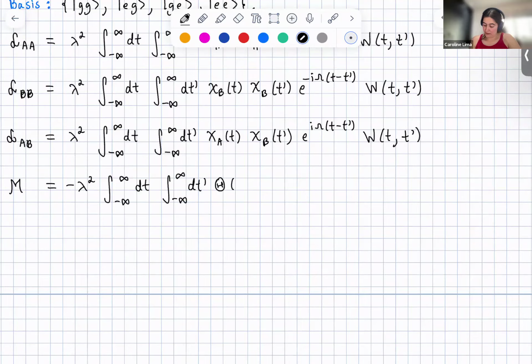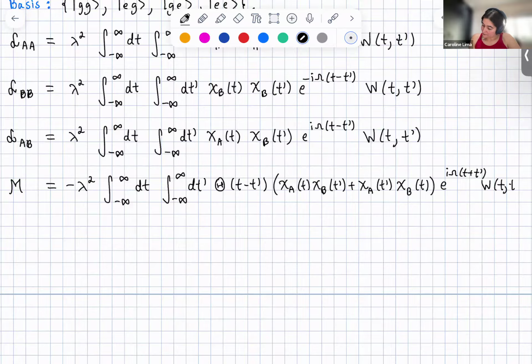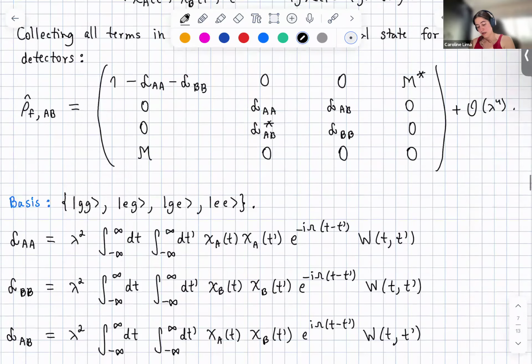Then we have the Heaviside, and then chi A of t, chi B of t prime plus chi A of t prime, chi B of t, everything times e to the I omega t plus t prime times the Wightman function. Okay, so these are all the terms.